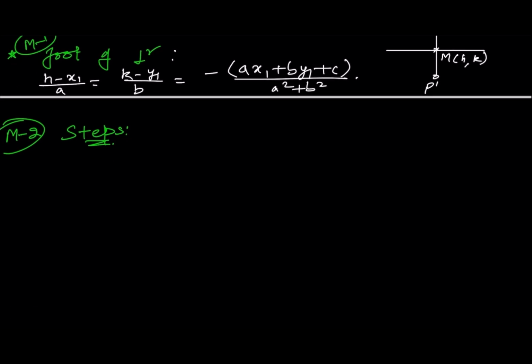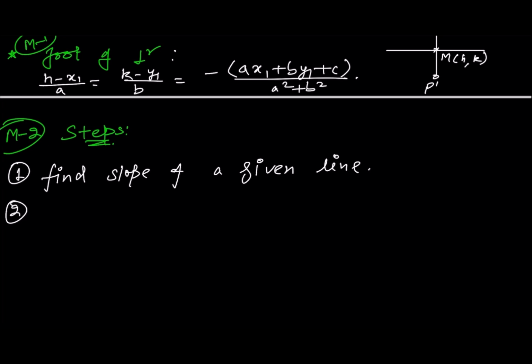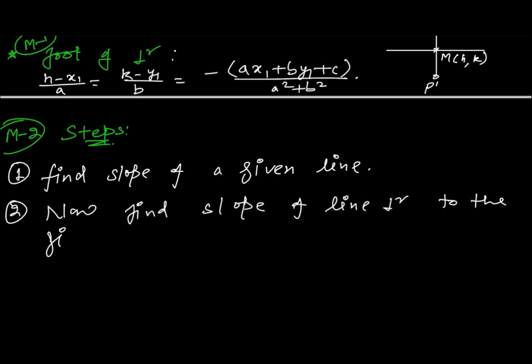Point number 1: find the slope of the given line. Point number 2: now find the slope of the line perpendicular to the given line.